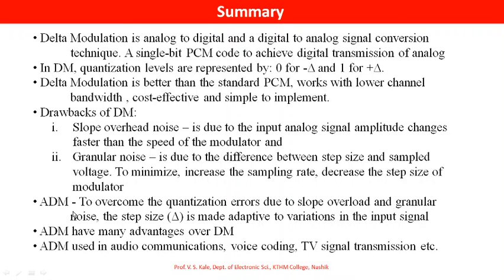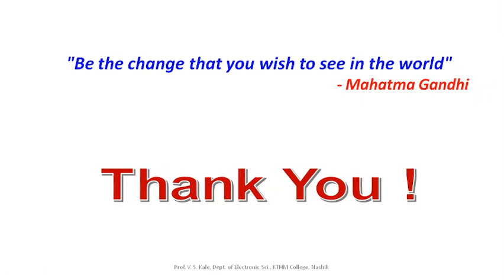Adaptive delta modulation: to overcome the quantization error due to slope overload and granular noise, the step size delta is made adaptive to the variations in the input signal. Adaptive delta modulation has many advantages over delta modulation. Adaptive delta modulation is used in audio communications, voice coding, TV transmission signals, etc. Thank you.